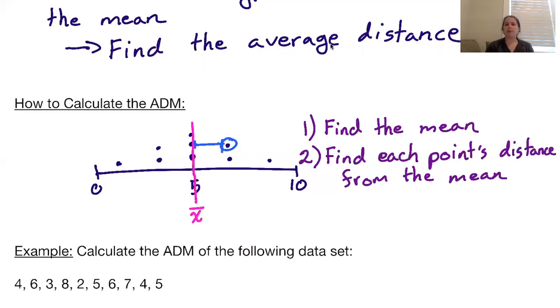So I meant for that point to be at 7. So this is 7 minus 5, or 2 away from the mean. And so we will find that distance for every single point, figure out how far is each point from that line for our mean. Once we have done that, then we will average all of those distances.